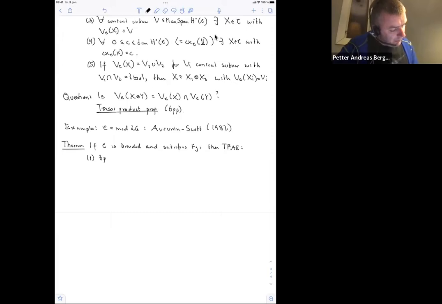First, the tensor product property holds for support varieties. Well, this is equivalent to the tensor product property where you only deal with indecomposable periodic modules.